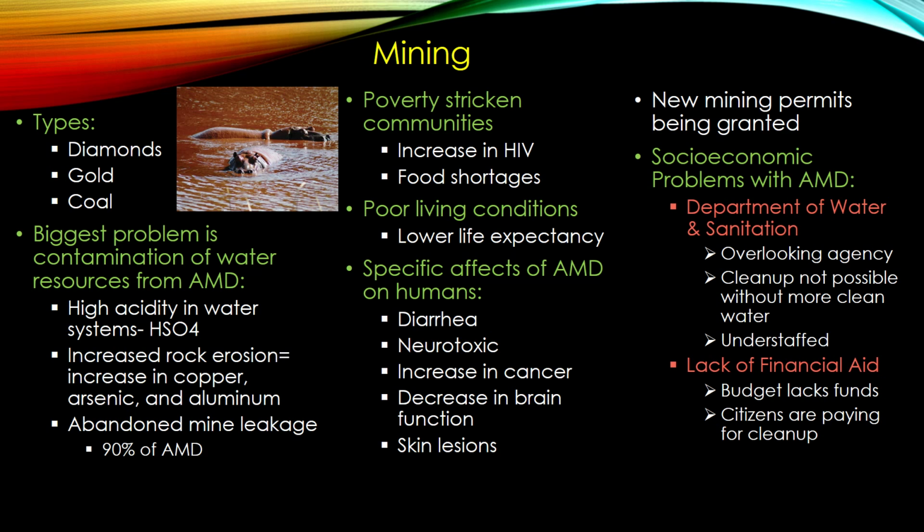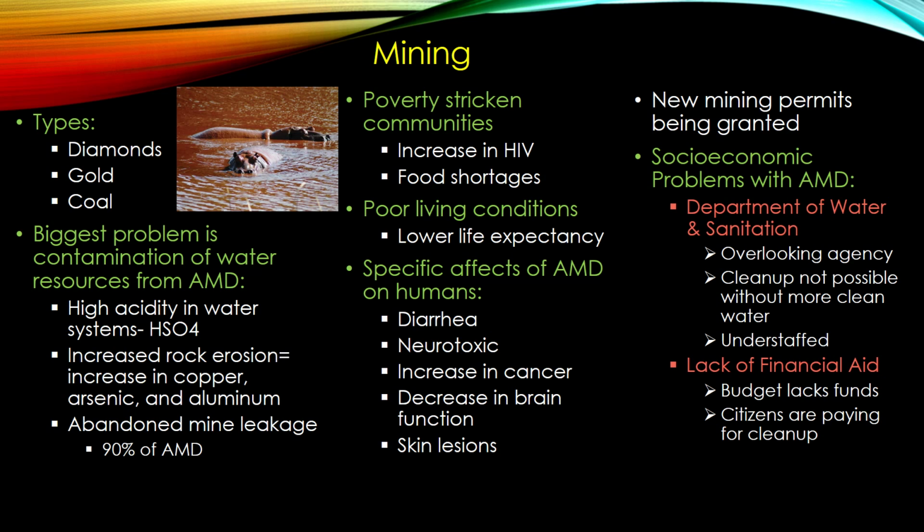Health problems with acid mine drainage can be noticed mainly in the communities of the miners. These communities are already poor, already poverty-stricken, so their health is not going to be in great shape. Within these communities, there's always going to be a constant food shortage, an increase in HIV, and overall lower life expectancy.